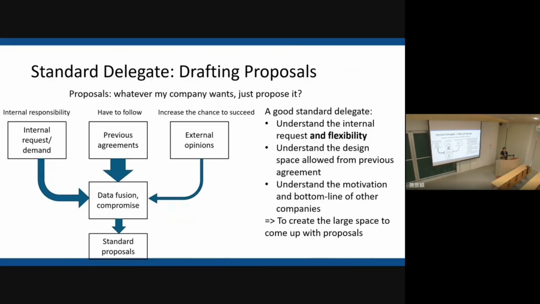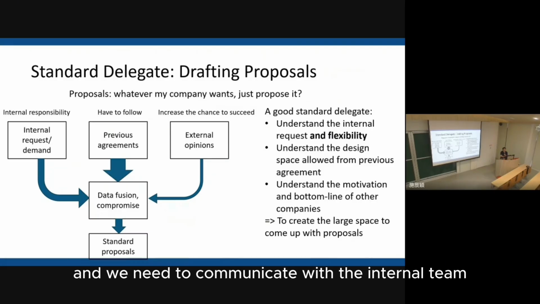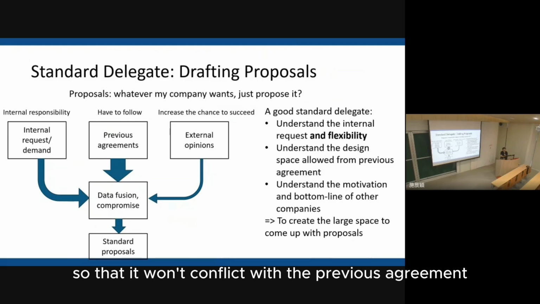So previous agreement is what we have to follow, and we need to communicate with the internal team and see how they shape or adapt their request, preference or demand so that it won't conflict with the previous agreement.